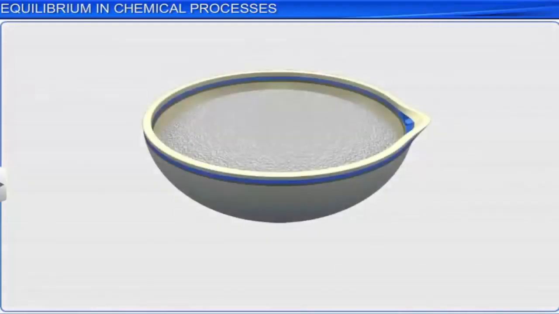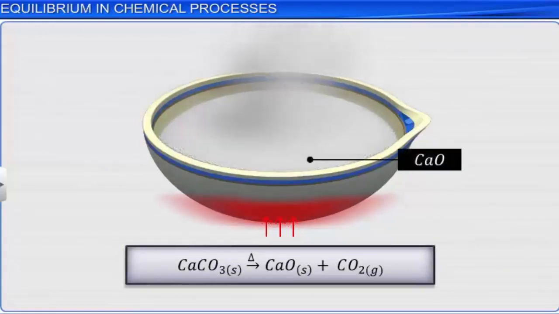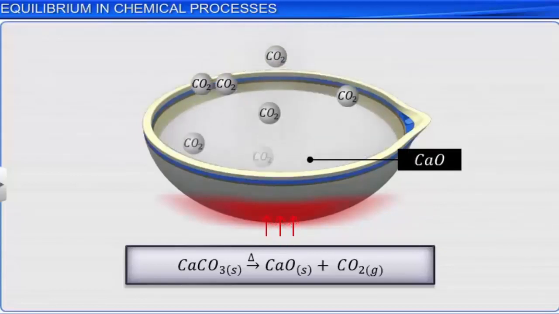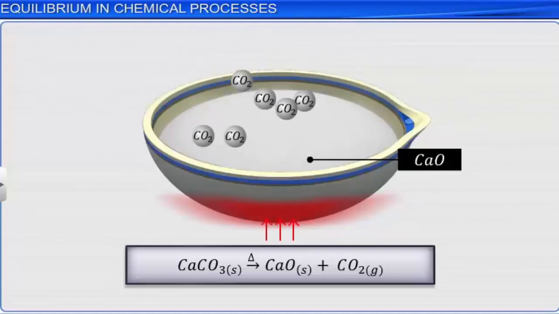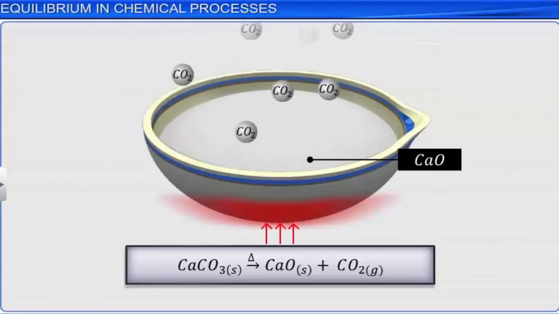Let's take the example of the decomposition of calcium carbonate to demonstrate a reversible reaction. When calcium carbonate is heated strongly, it decomposes to form calcium oxide and carbon dioxide gas. When this decomposition is carried out in an open vessel, carbon dioxide, being a gas, escapes.